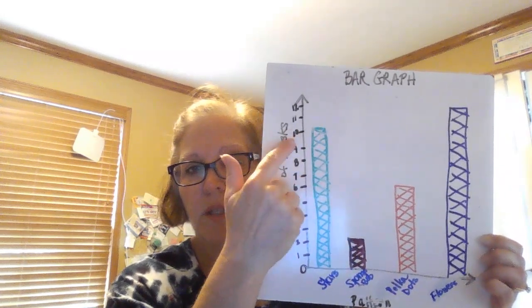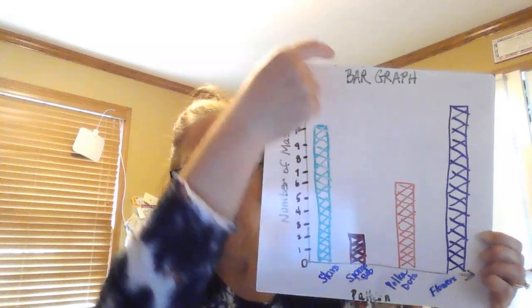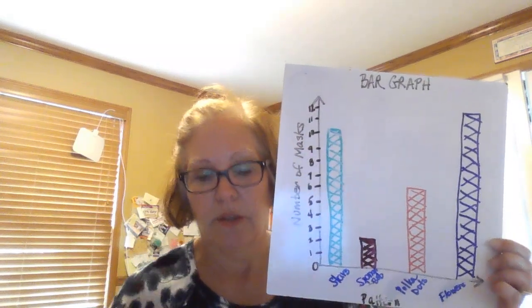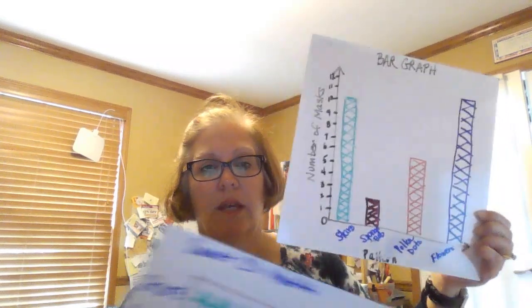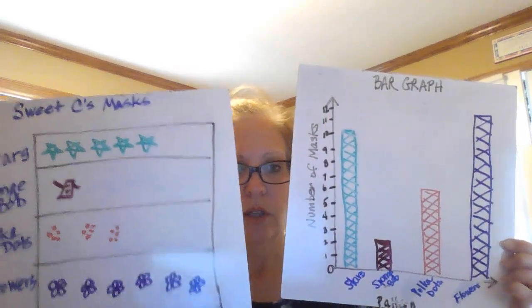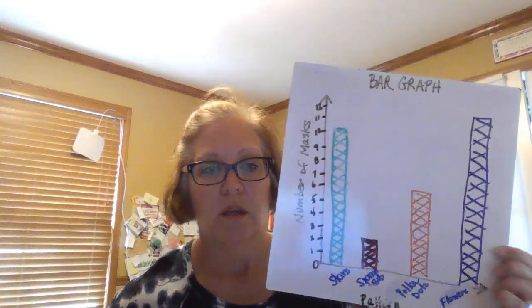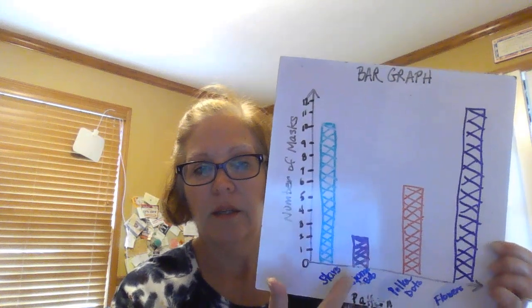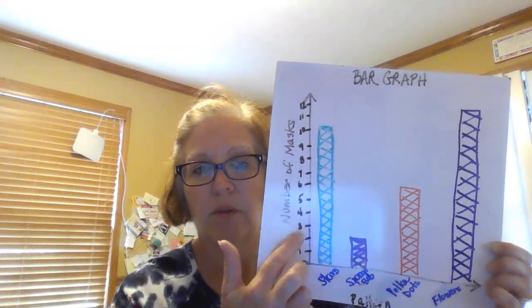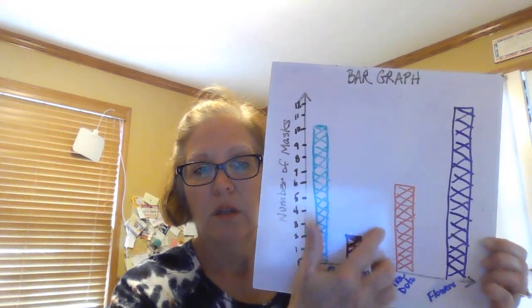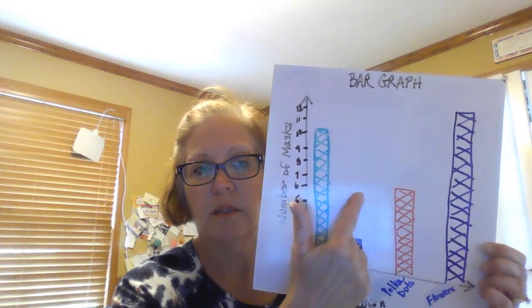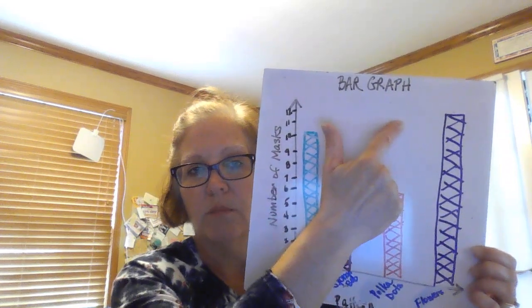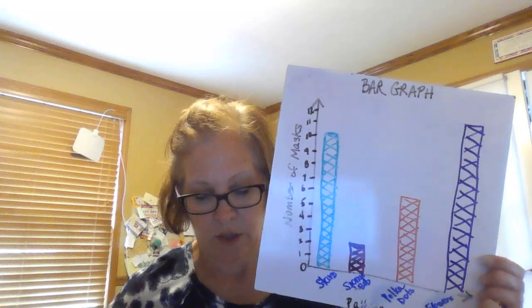So going up to the 10, building a bar, I'm coloring it green, okay? And then I can illustrate the same with SpongeBob, which only had 2. The polka dots had 6, and the flowers was the most with 12.